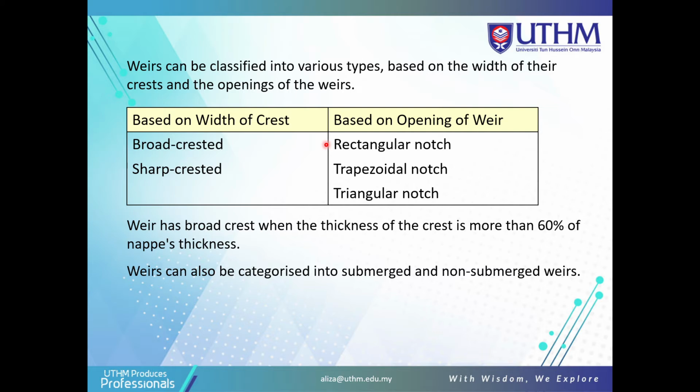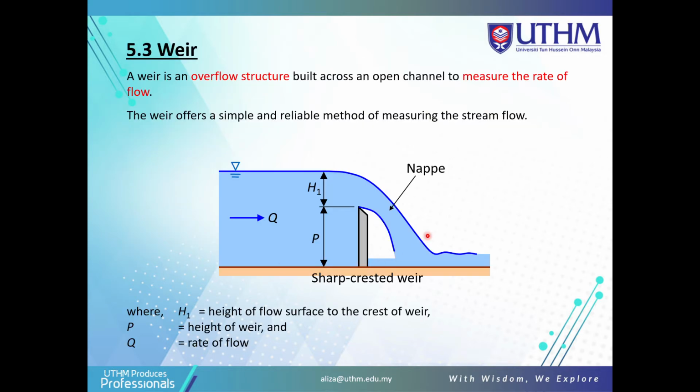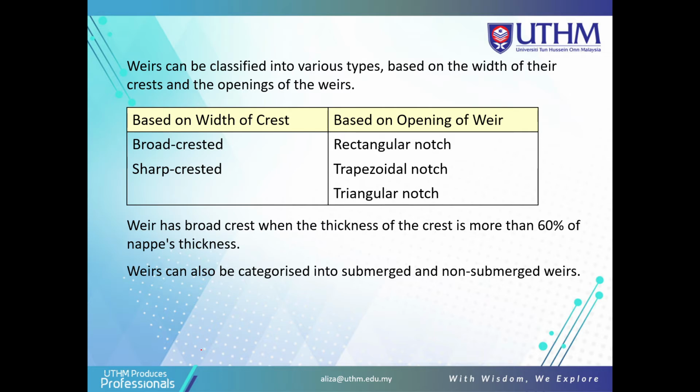A weir has a broad crest when the thickness of the crest is more than 60% of the nap thickness. Weirs can also be categorized into submerged and non-submerged weirs.